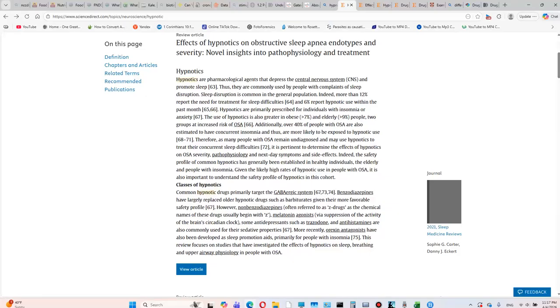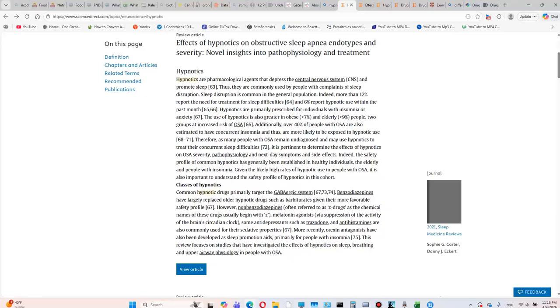However, non-benzodiazepines, often referred to as "Z drugs," as the chemical names of these drugs usually begin with Z. Melatonin agonists, via the suppression of the activity of the brain's circadian clock.